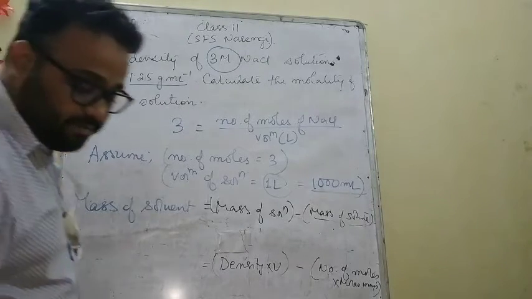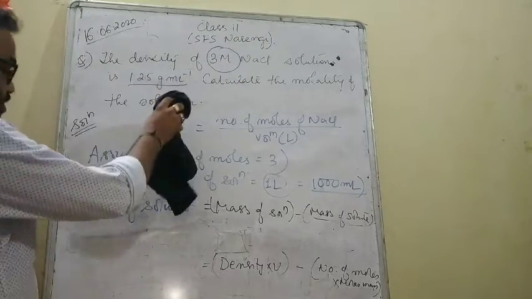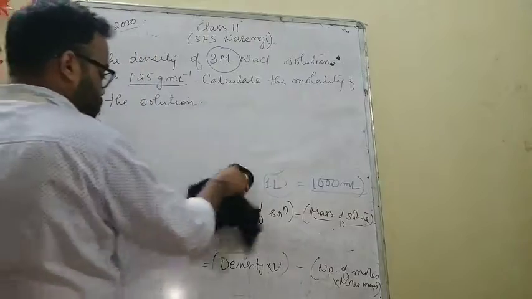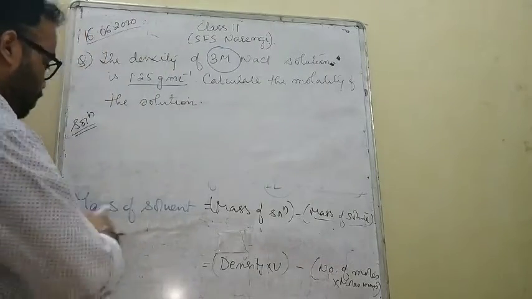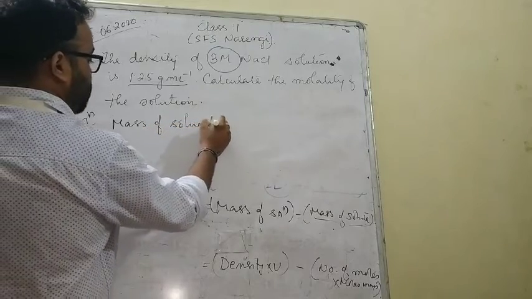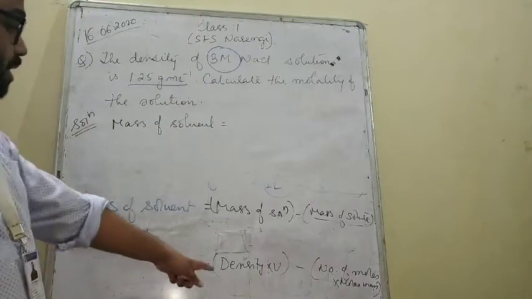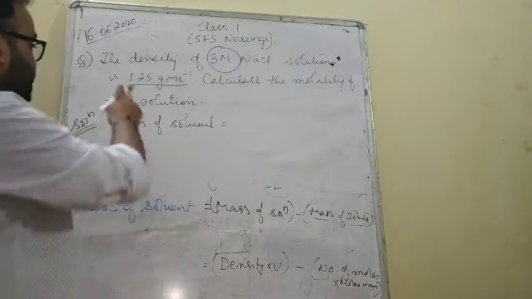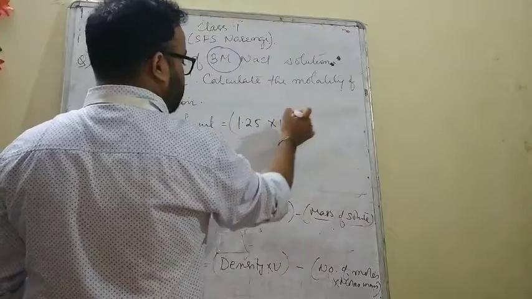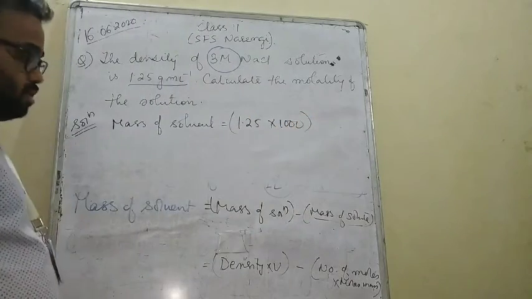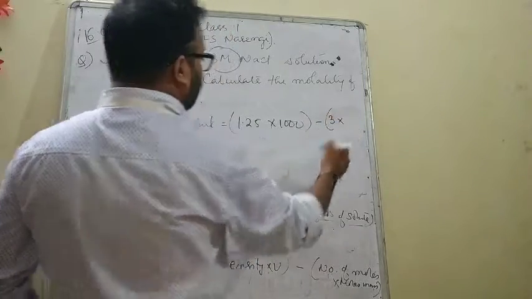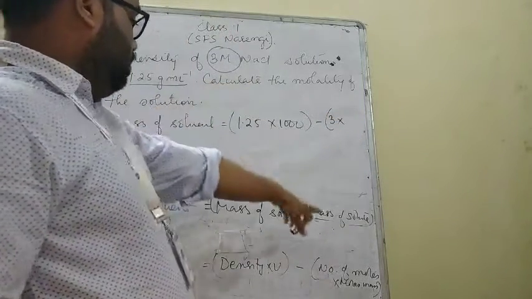So now I put the values. Mass of solvent comes out to be density into volume, density is this, volume is this, minus number of moles, this 3, into molar mass.